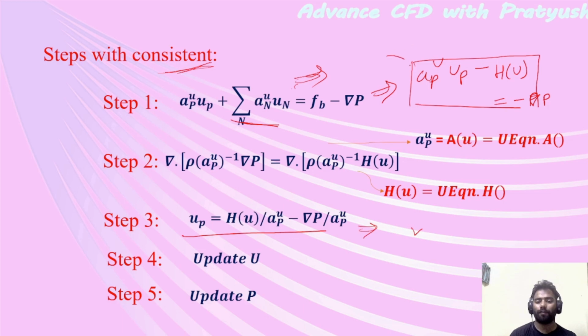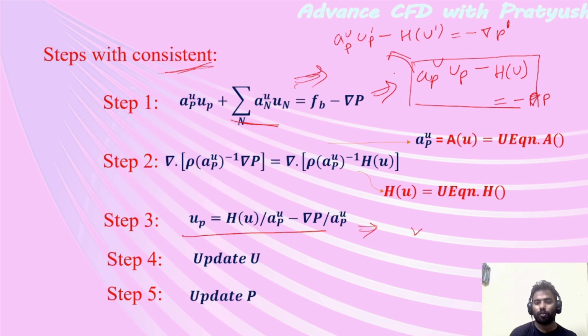Okay. Now if we write the corrector equation for this, it can be written as APU UP dash minus HU dash equal to minus del P dash. Okay, so this is the characteristic.